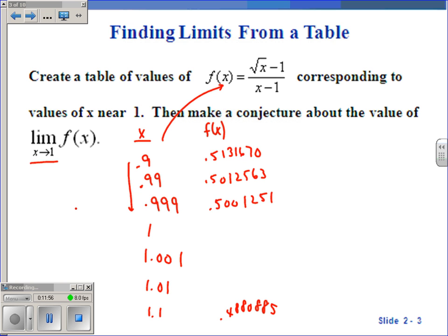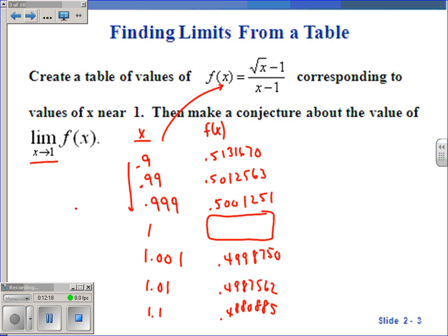Plug in 1.01, I get 0.4987562. 1.001, I would get 0.4998750.